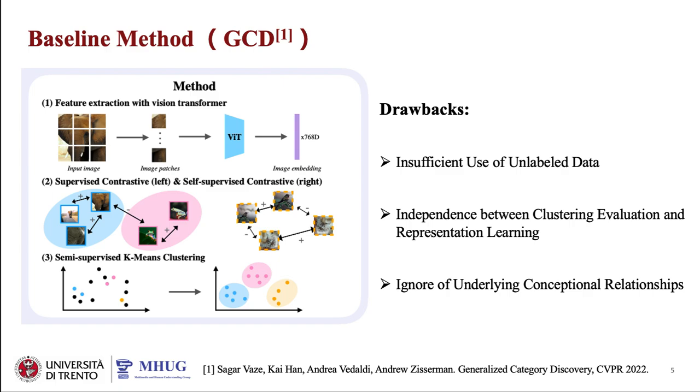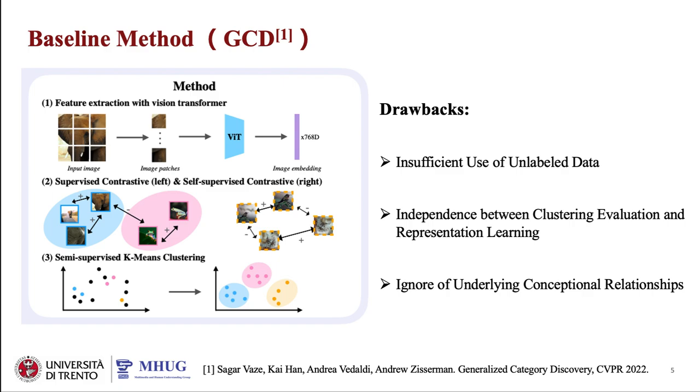Specifically, they first used the pre-trained ViT model to extract image features, and then they applied self-supervised contrastive learning on unlabeled data and supervised contrastive learning on labeled data, respectively. After model training, they utilized semi-supervised k-means to cluster the unlabeled data for implementing GCD.